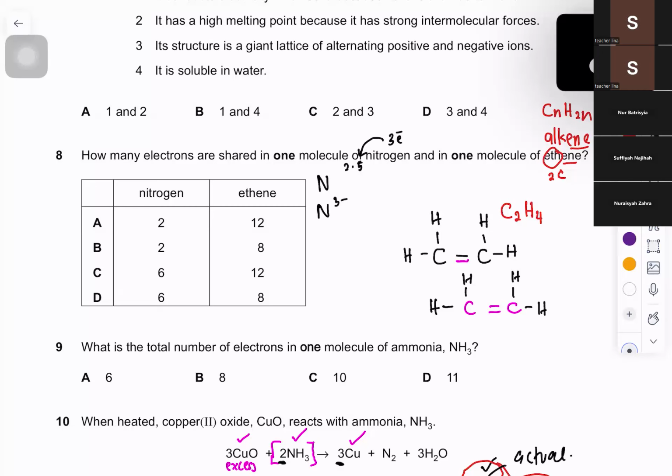Nitrogen is N2, so it must have 3 bonds. You can know the bonding based on the charge. N3 minus is a triple bond, O2 minus is a double bond. For the one who asked this question, is it clear? You can check in the chat.